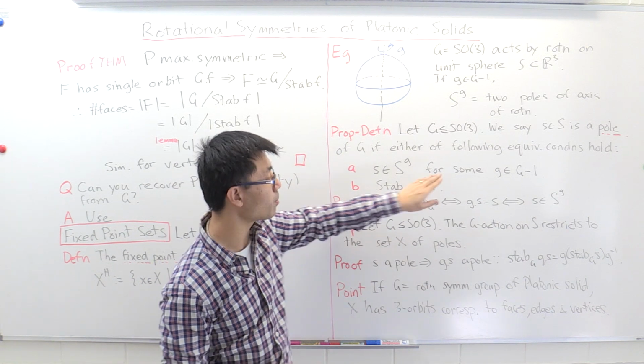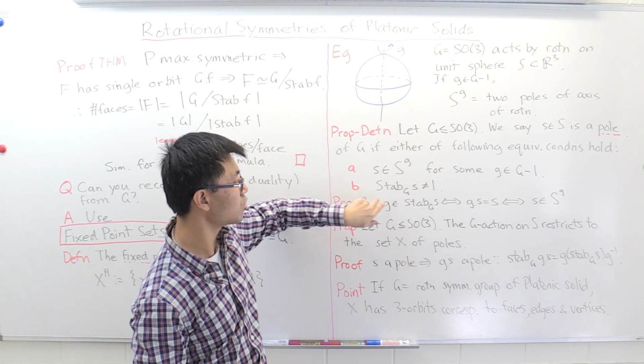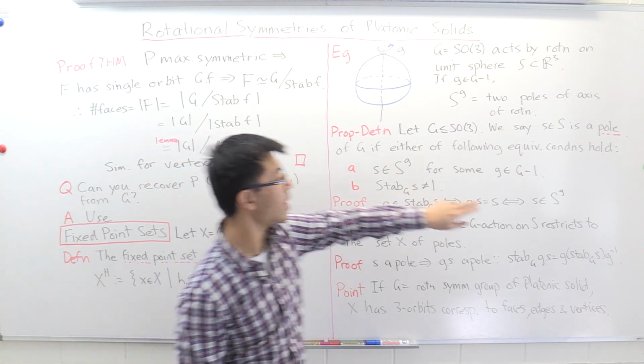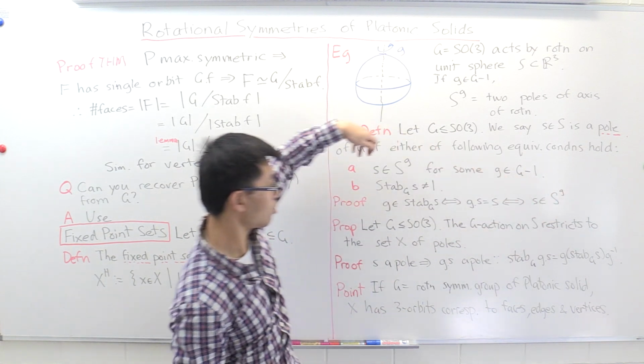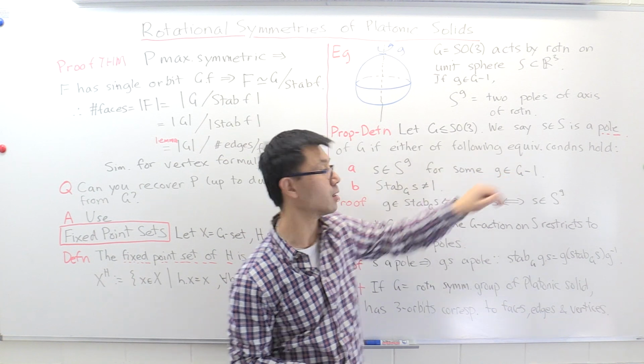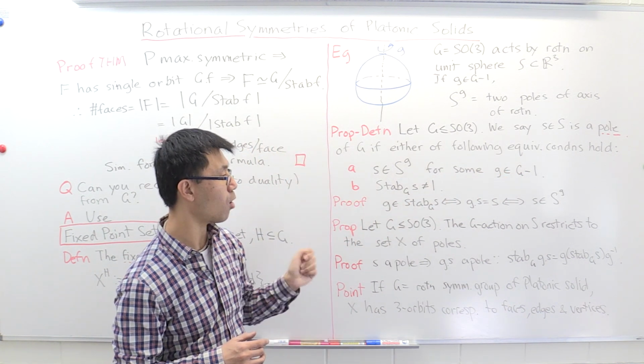And in the converse direction, suppose you have something that's not 1 inside here, so G is inside here, but it's not 1. Then S is inside that fixed point set for that particular G, which is not 1. So A and B are equivalent, and that gives you a definition of poles.